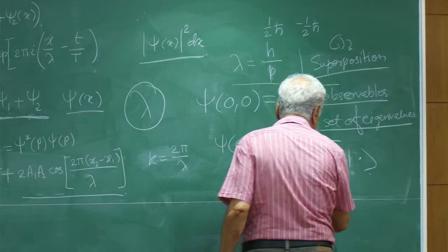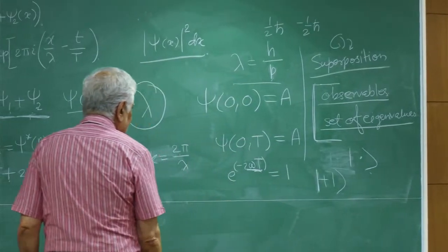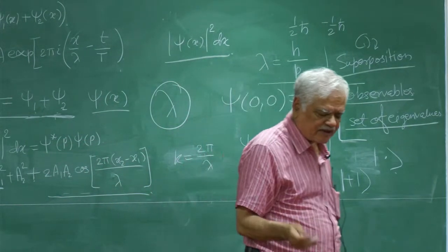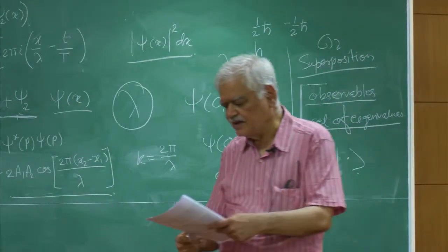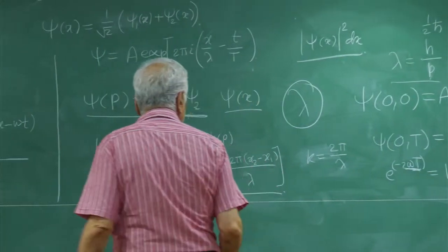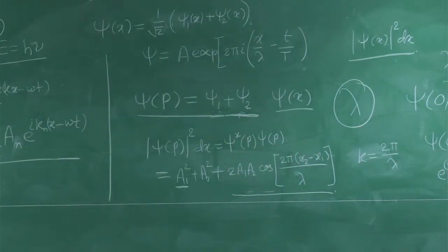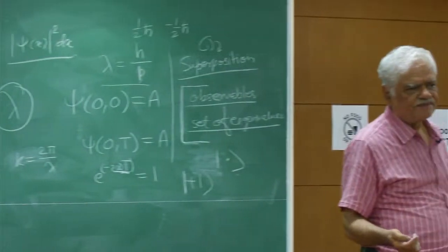Now I make a point which has already been mentioned, probably more than once by both Anjali and Dilip, and that is that the actual values of different physical quantities must be real.